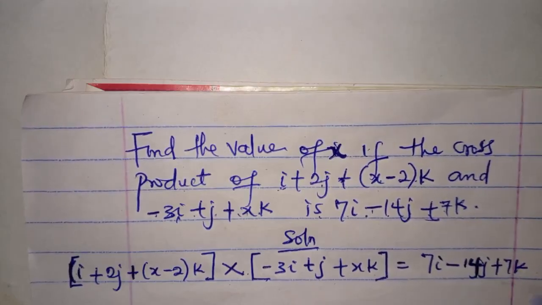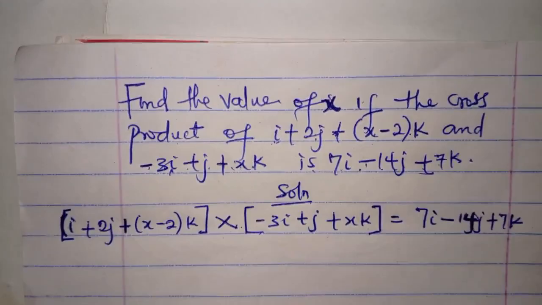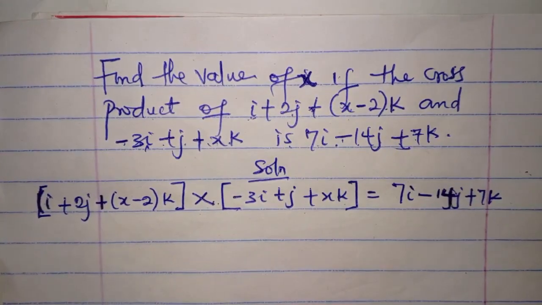Okay, this is 14j. Now, what is the cross product of these two vectors?